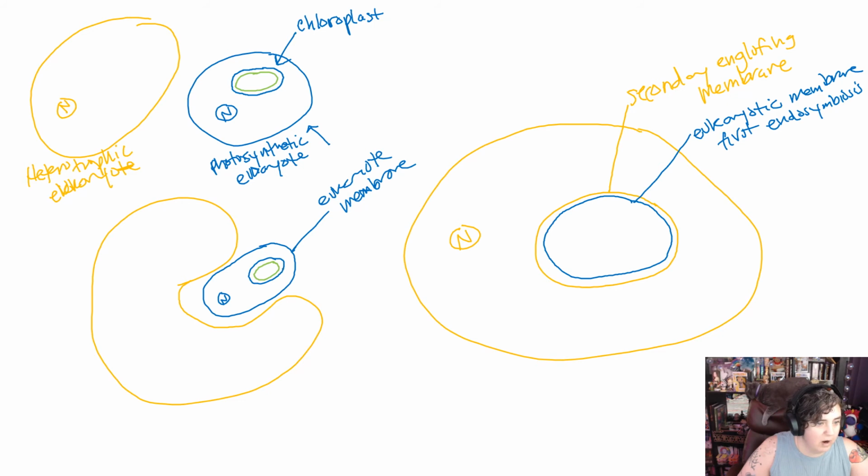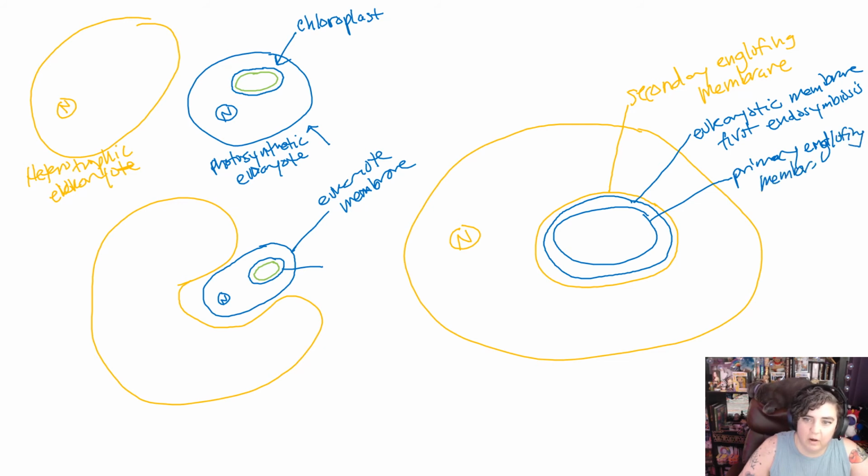And then we have our other blue membrane, right? That was our primary engulfing membrane, right, from primary endosymbiosis. And then we have our green membrane, right, from our original bacteria.